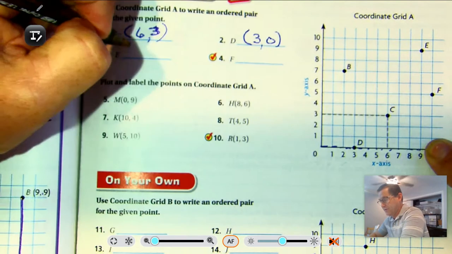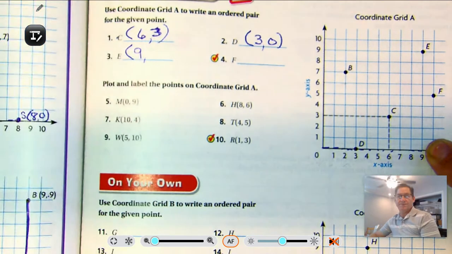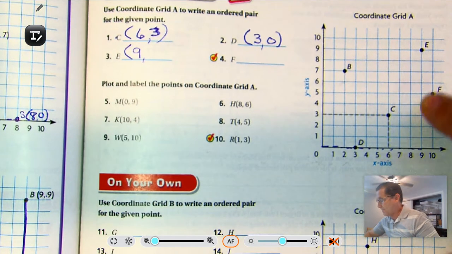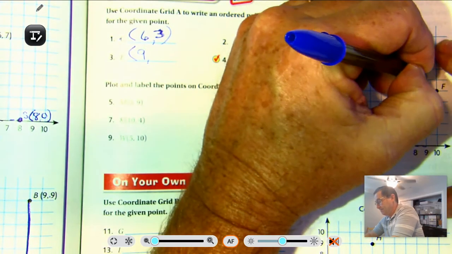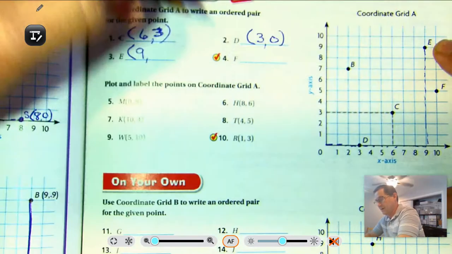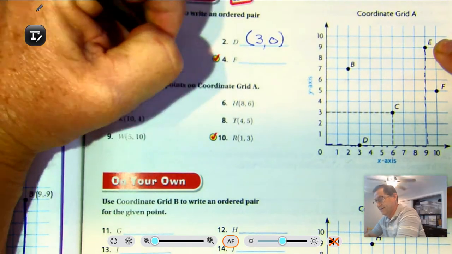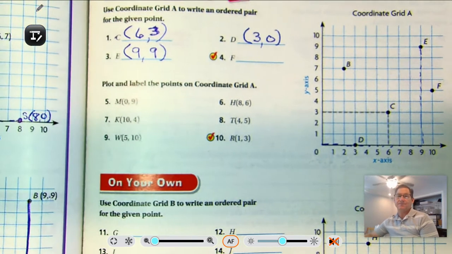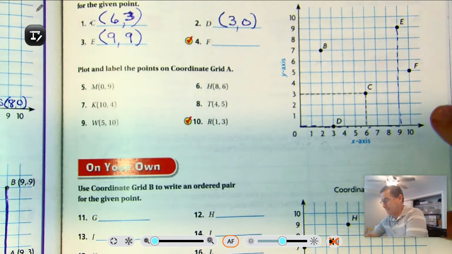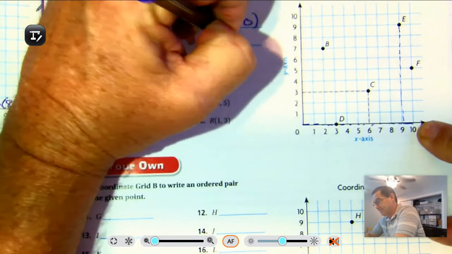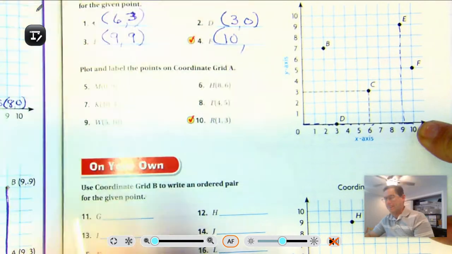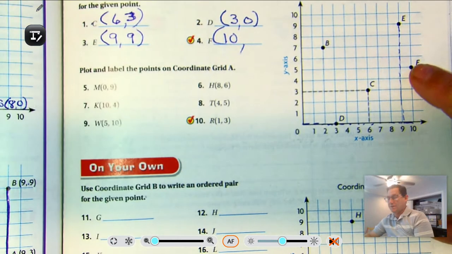So 9 units to the right from the origin and up 9. So 9, 9 for E. And F, we would go over to 10 and up to 5.